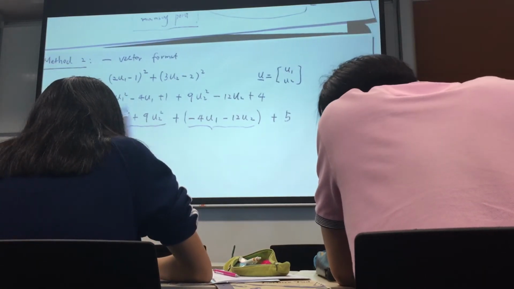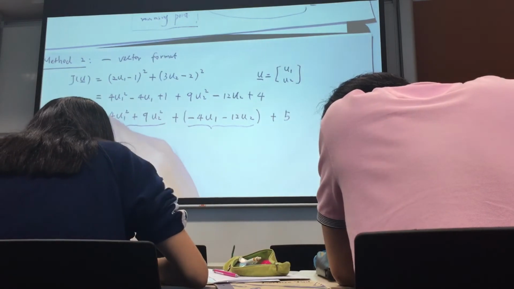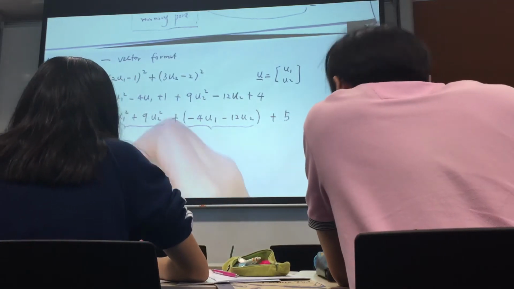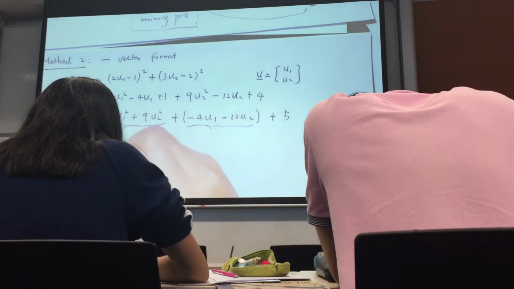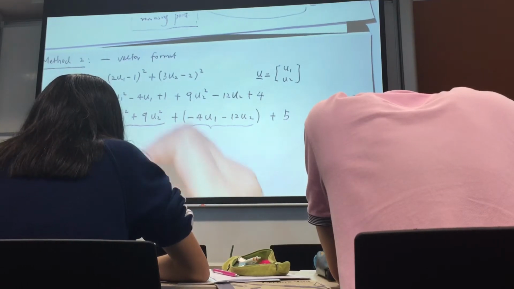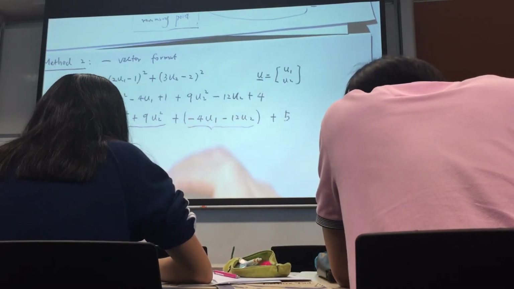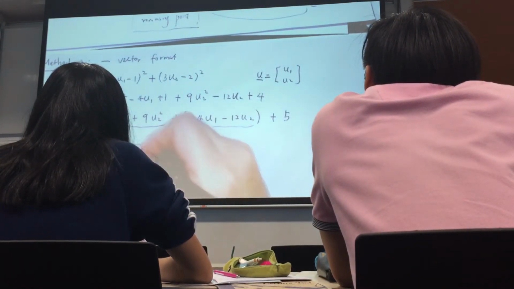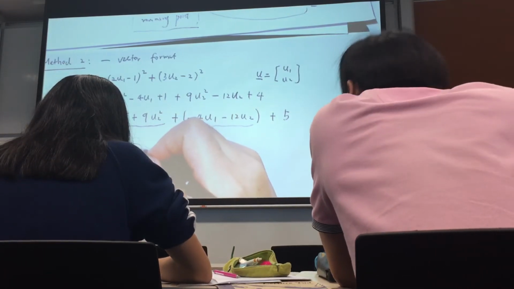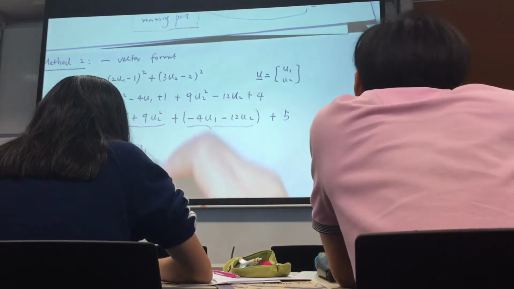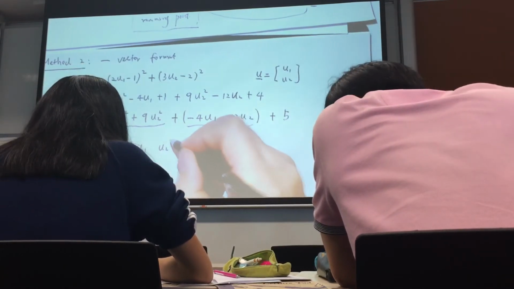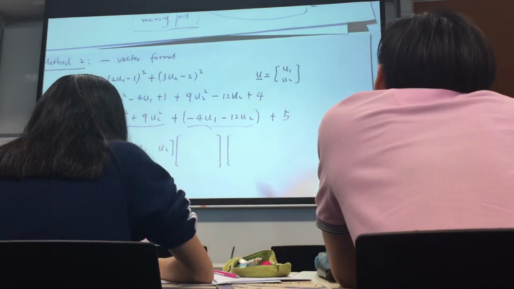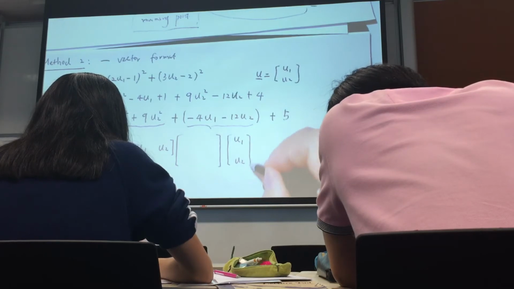The second order components, 4u1 squared plus 9u2 squared, can be developed into a vector form. So we define u as here, and the general vector form is defined like this: we have u1, u2, multiplied by a matrix, and after that u1, u2.